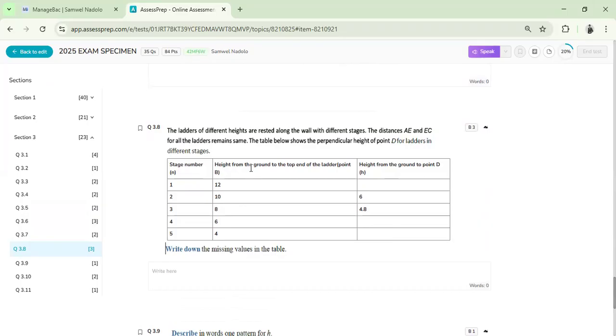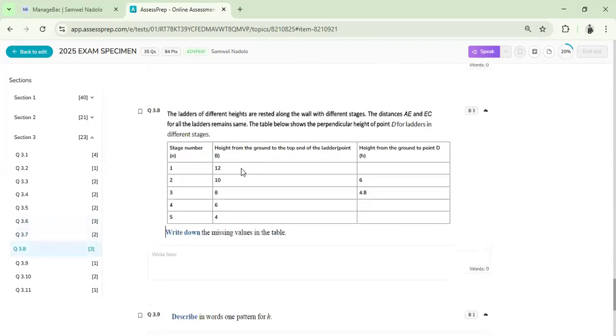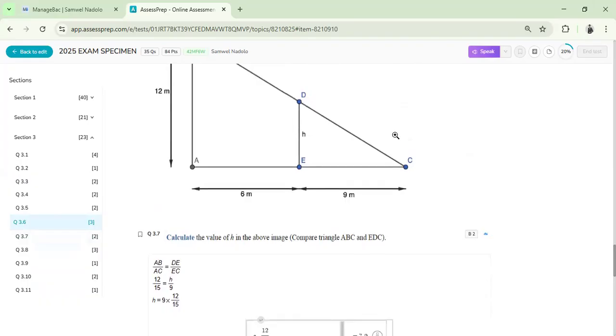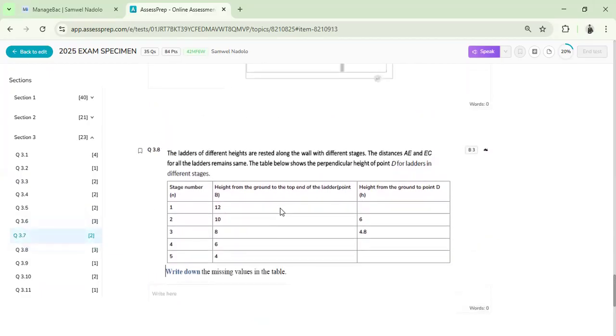Then height from the ground to the top end of the ladder, which is point B. So from the ground, point A to point B, we are starting with 12 and then goes to 10, 8, 6, 4. Then height from the ground to point D. So write the missing values in the table.